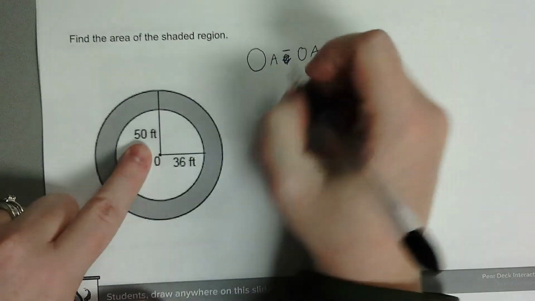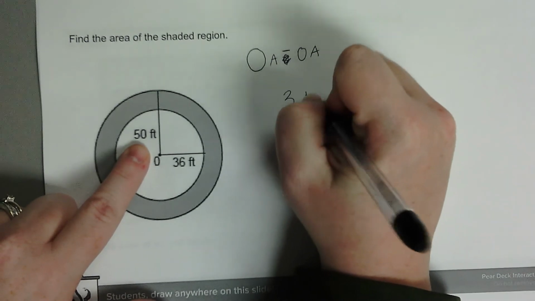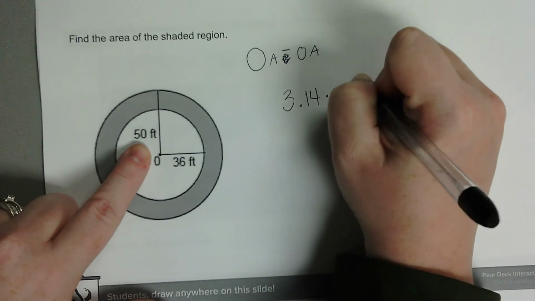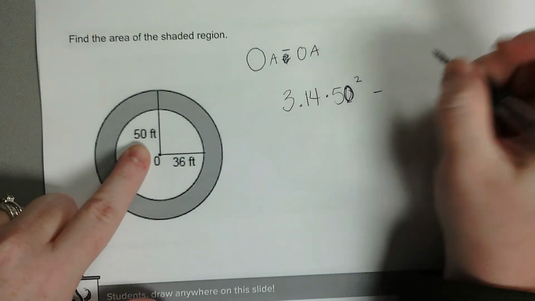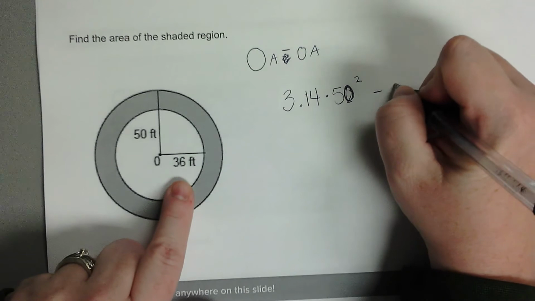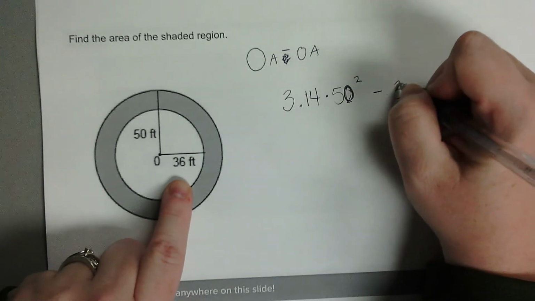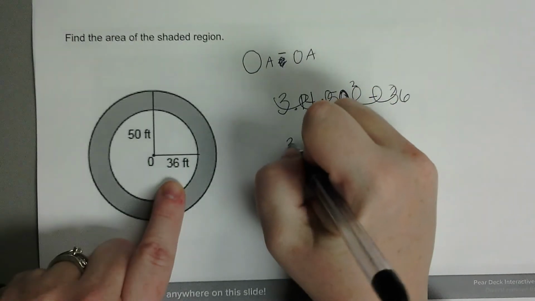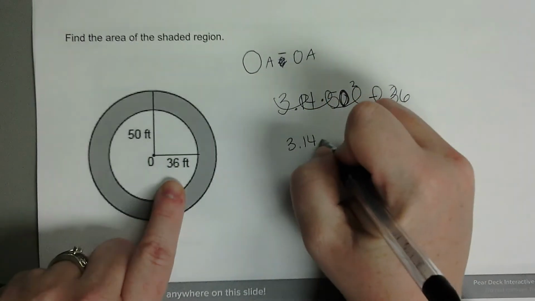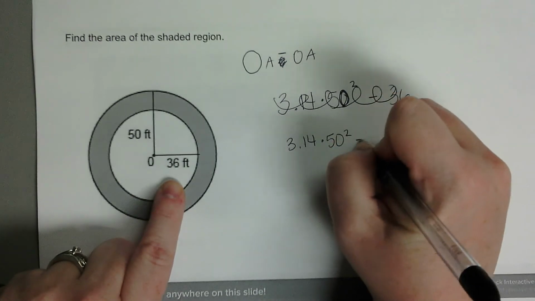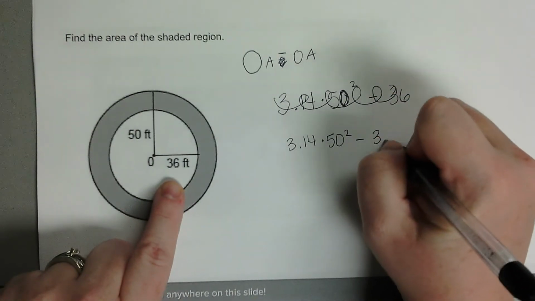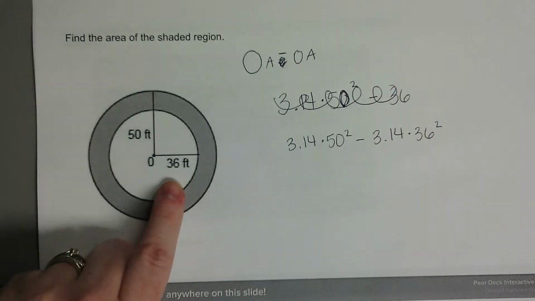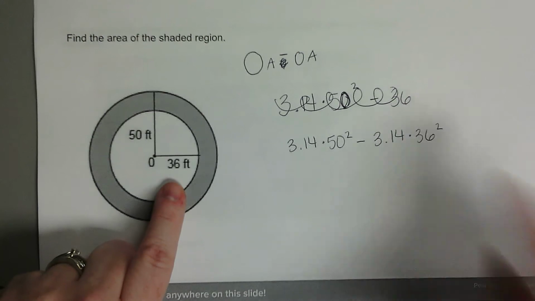So area of the big circle, 3.14 times 50 squared minus our small circle, 30. Trying one more time. 3.14 times 50 squared minus 3.14 times 36 squared. Area of the big circle minus area of the small circle.